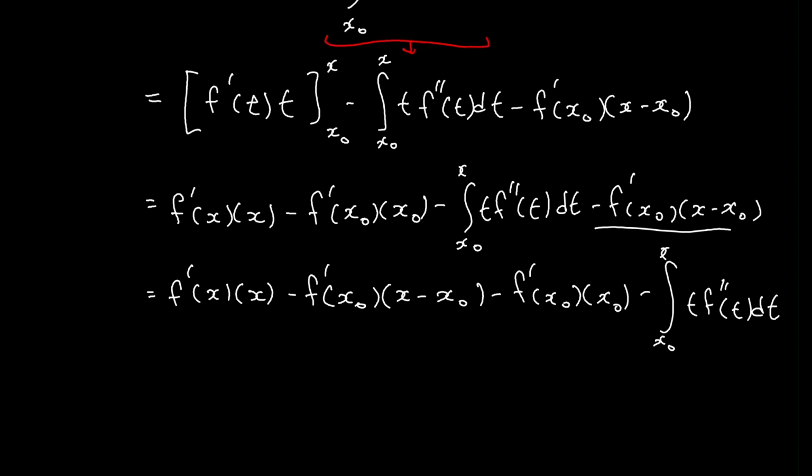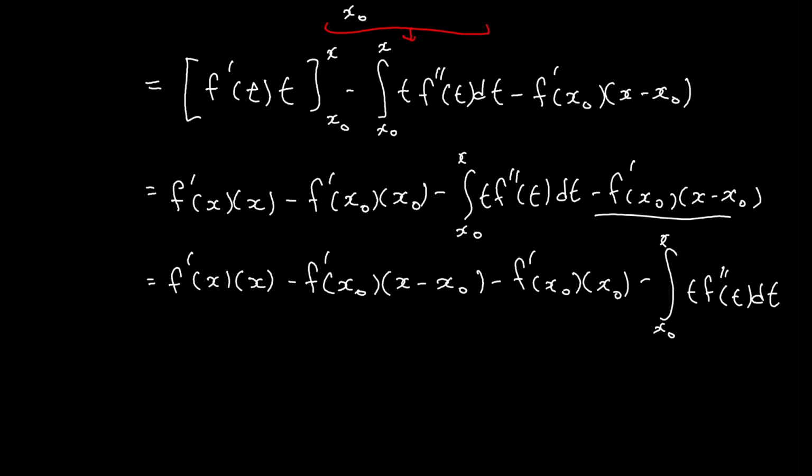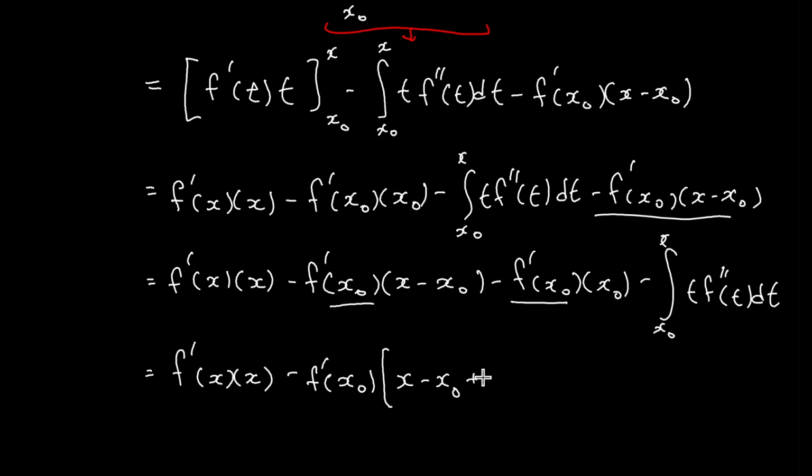Now I see f prime of x0 and f prime of x0, so I can factor that part to get minus f prime of x0. And then it's just this stuff here, plus x0. That actually cancels out, so we just get left with x.